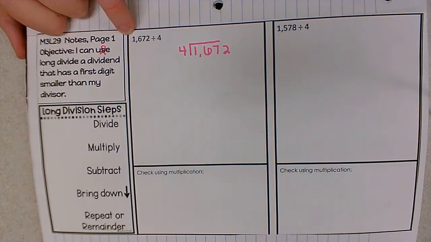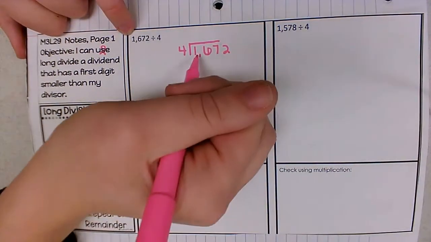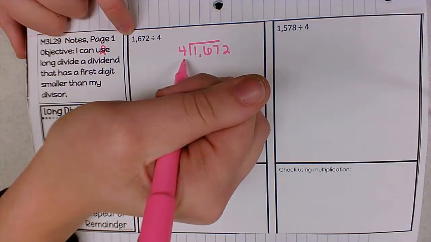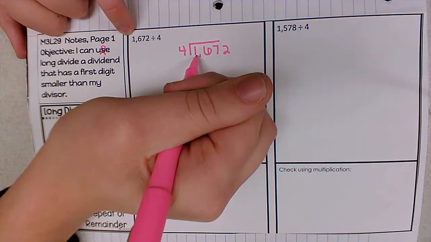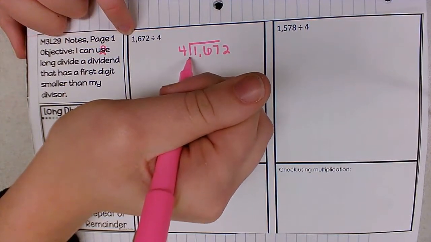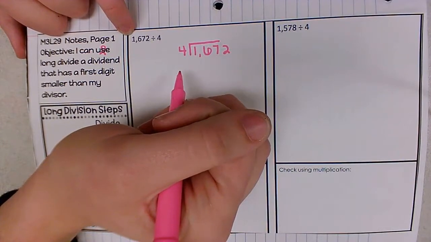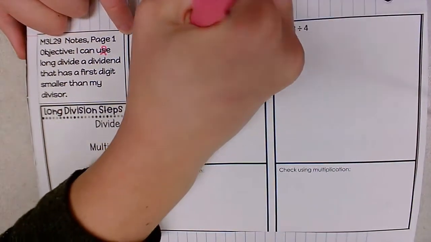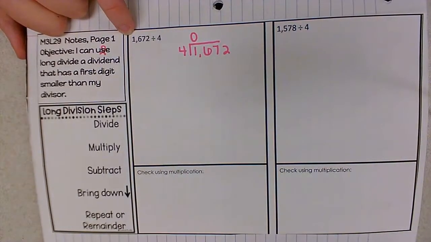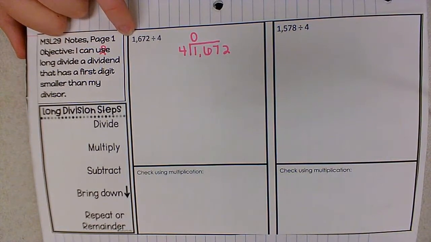That's a division sentence that doesn't make sense because 1 is less than 4. If 1 is less than 4, and I can't pull any groups of 4 out of that number 1, then for now, I'm going to put a 0 on my roof because it's not a possible division sentence to do.